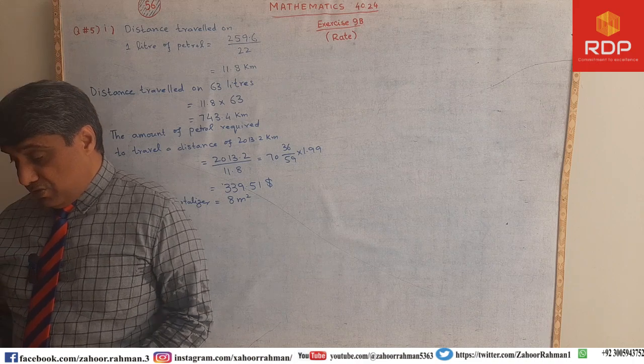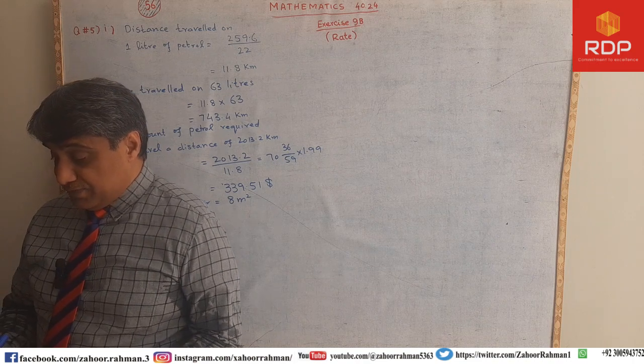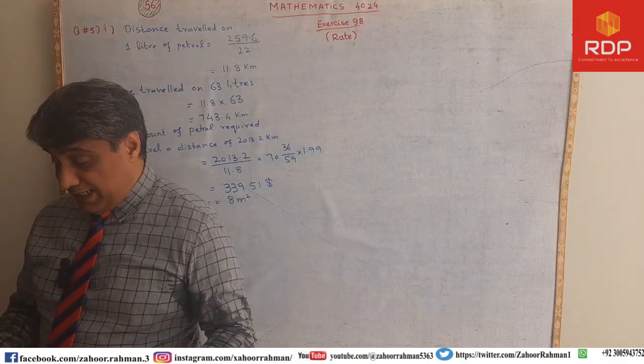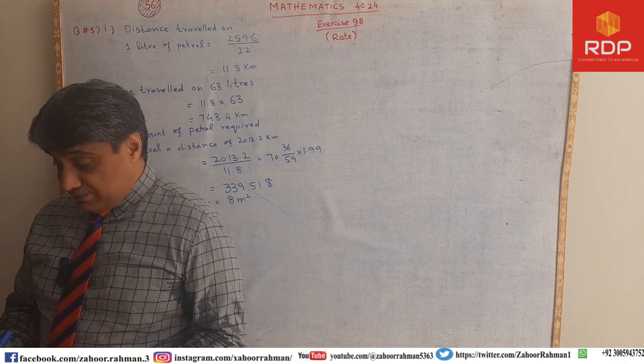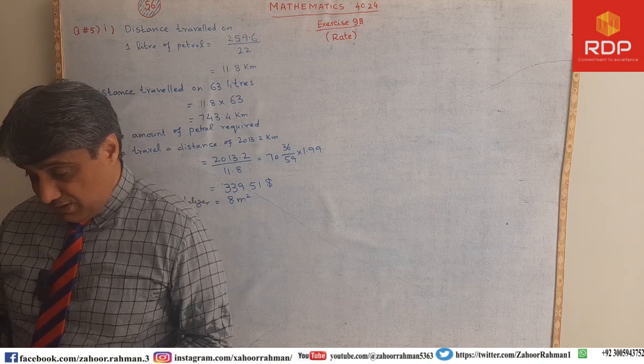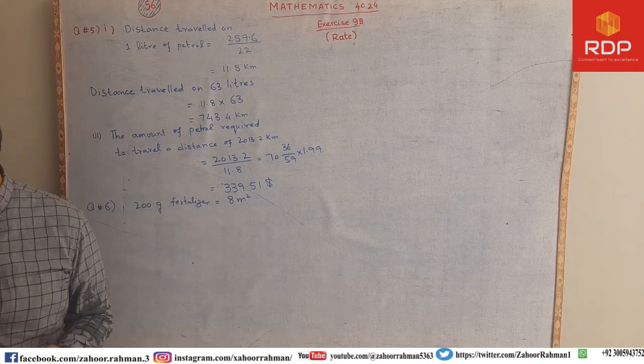So first we have to find for 1 meter square, and then we will multiply 14 meters square with that amount of fertilizer.